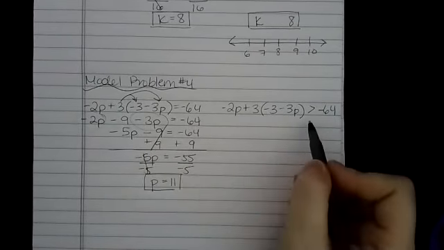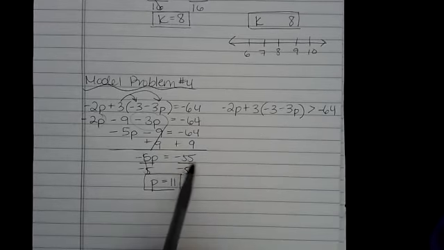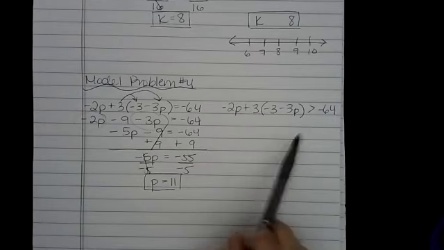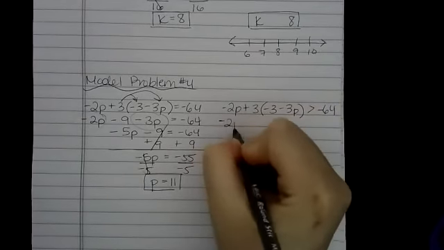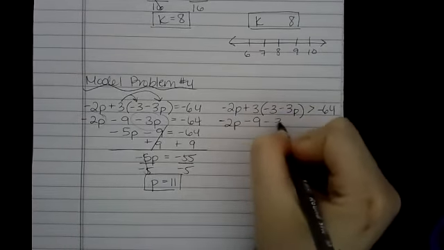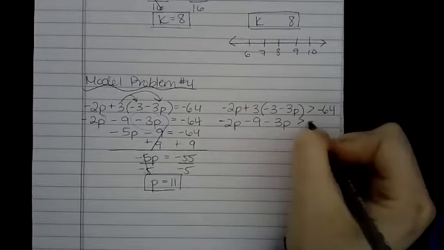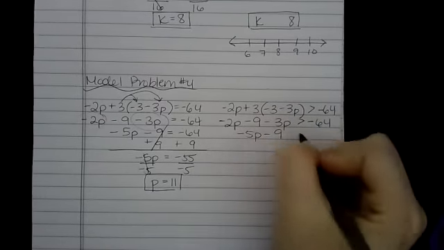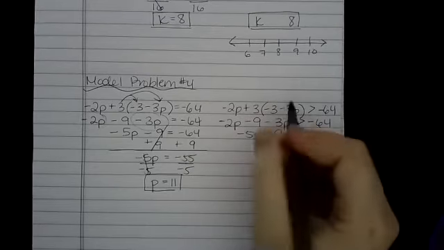Same steps apply over here, okay? However, keep in mind with this step, I'm dividing by a negative, so that is the difference with the inequality. Negative 2p minus 9 minus 3p is greater than negative 64. Negative 5p minus 9 is greater than negative 64.